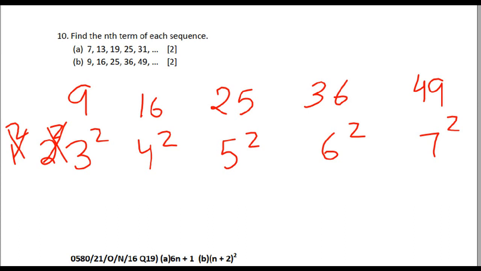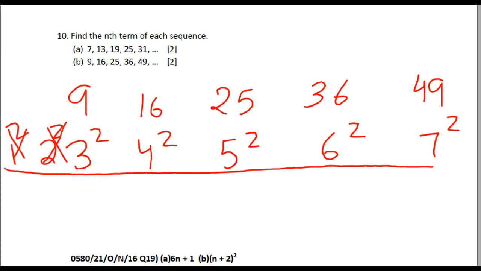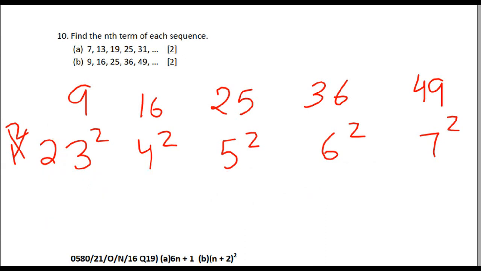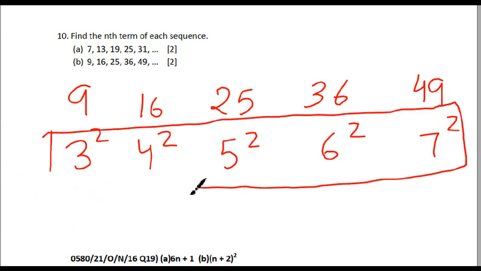So this is a shifted square series. If you remember, we discussed that the nth term of the whole series is n square. But since they've taken away two terms, instead of n, you write (n plus 2) whole square. There's another way of doing it: simply look at this series and forget about the actual series, which was n square.